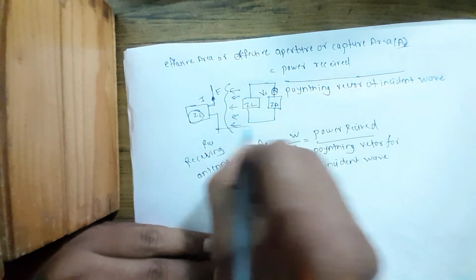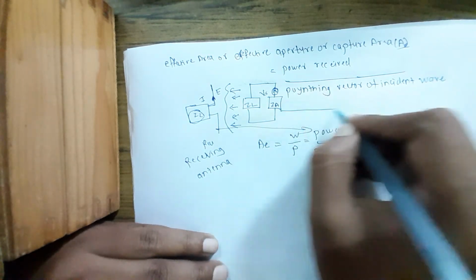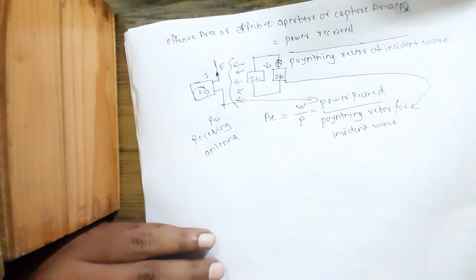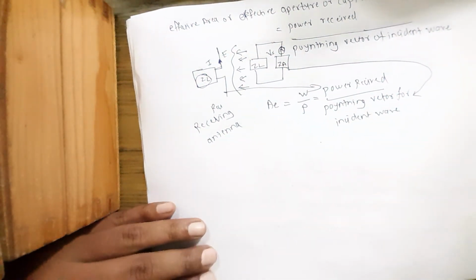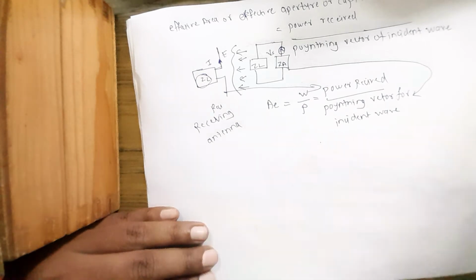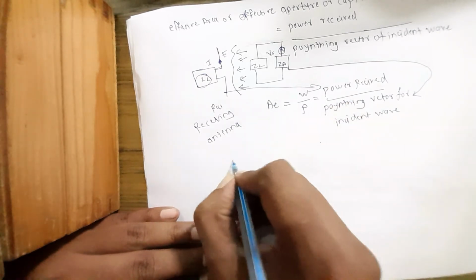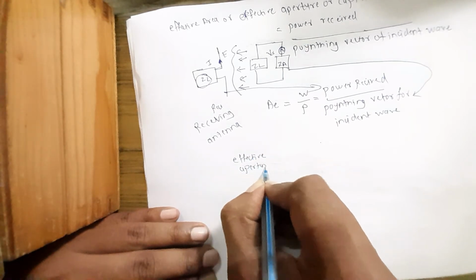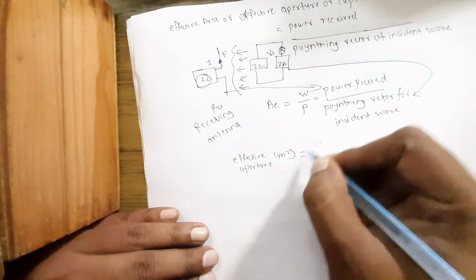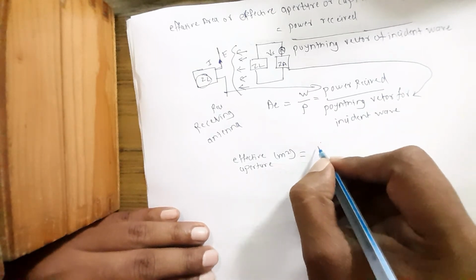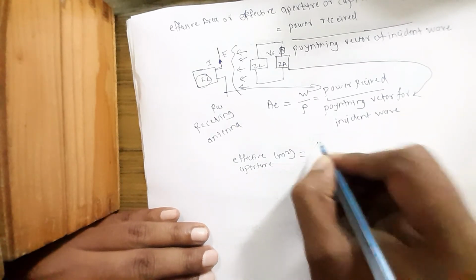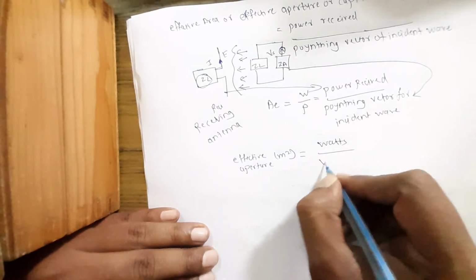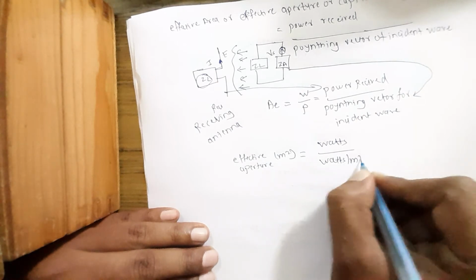The power received is at the output side, while the Poynting vector for the incident wave is for the input, the transmitter antenna. Here A_e is the effective aperture in meter square, power received is in watts, divided by the Poynting vector, which is in watts per meter square.